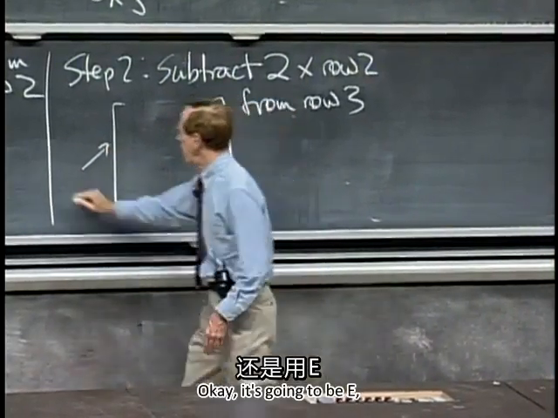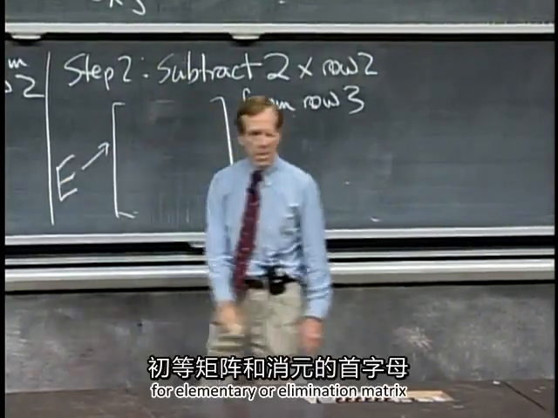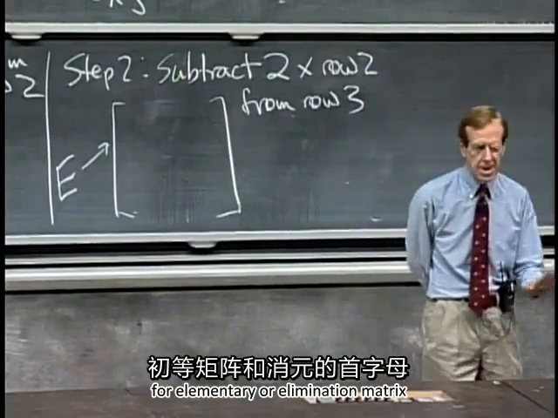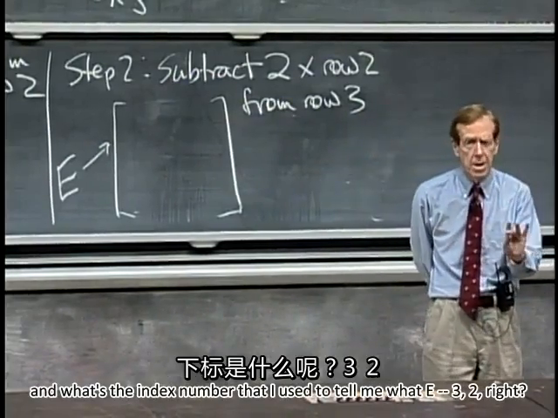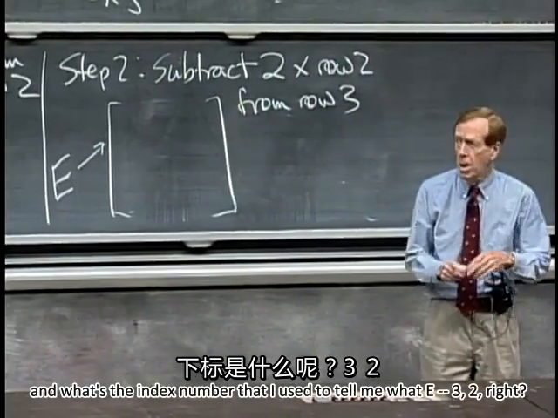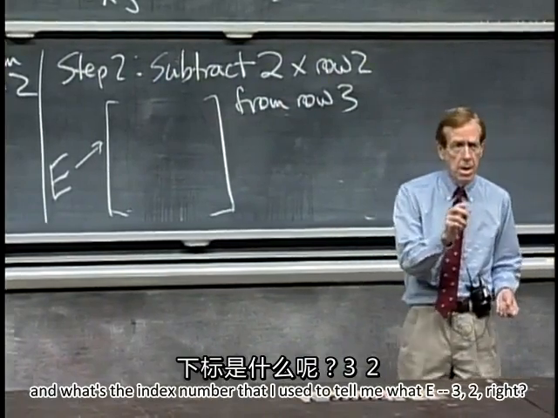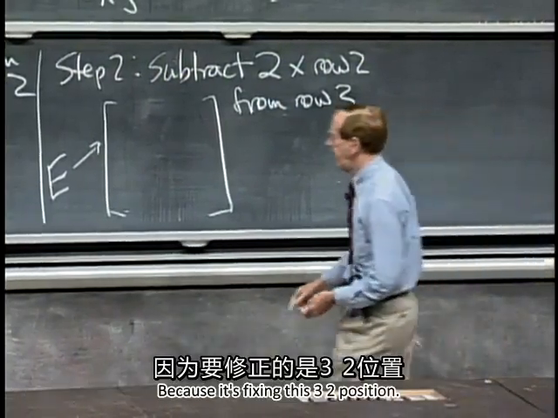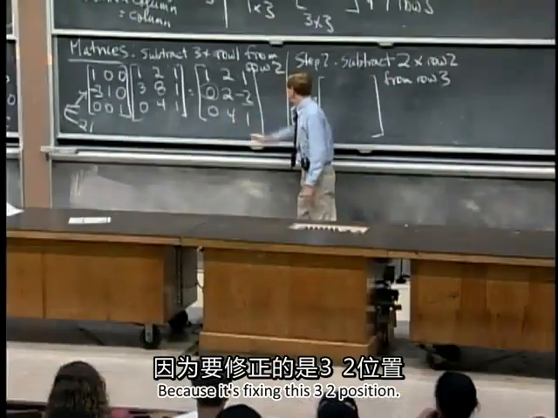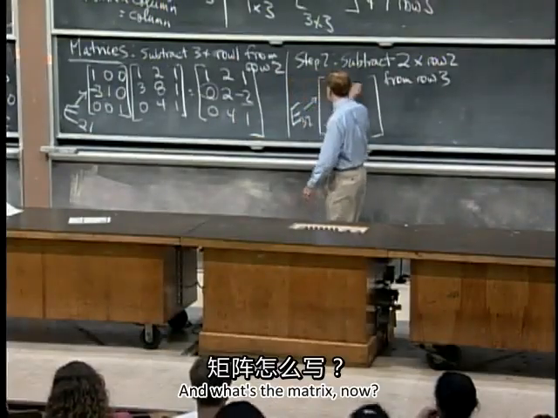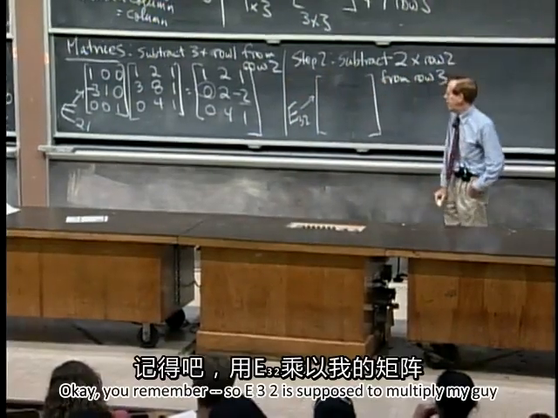Okay, it's going to be E for elementary or elimination matrix. And what's the index number that I use? E32, right? Because it's fixing this 3, 2 position. And what is the matrix now?